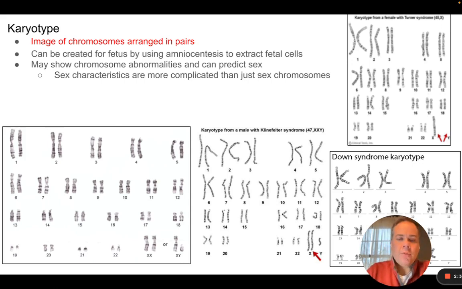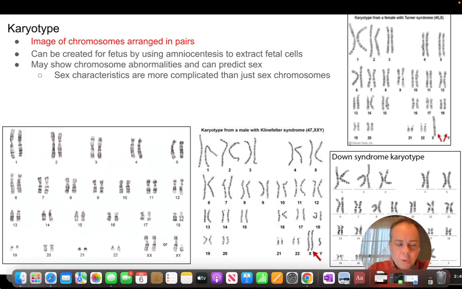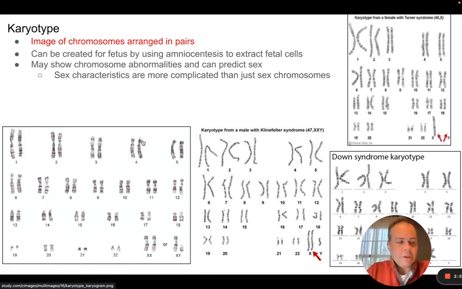And as we talked about earlier in our notes, the determination of sex and gender identity is much more complicated than just which two sex chromosomes an individual gets. But we still need to talk a little bit about that, even though it's simplified.